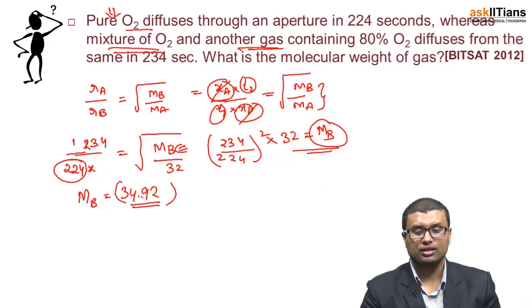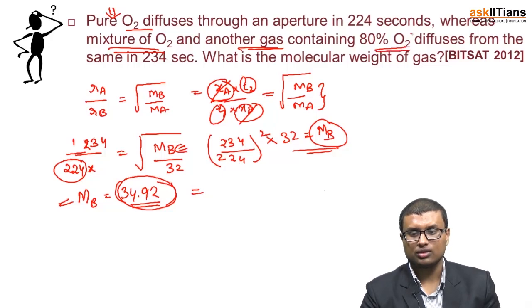Its value is 34.92. So now when I am saying my molecular weight of the mixture is 34.92, what is exactly molecular weight? It is already given, 80% is O2. That means 80 into 32 is the contribution of oxygen, plus M into 20. What is M?